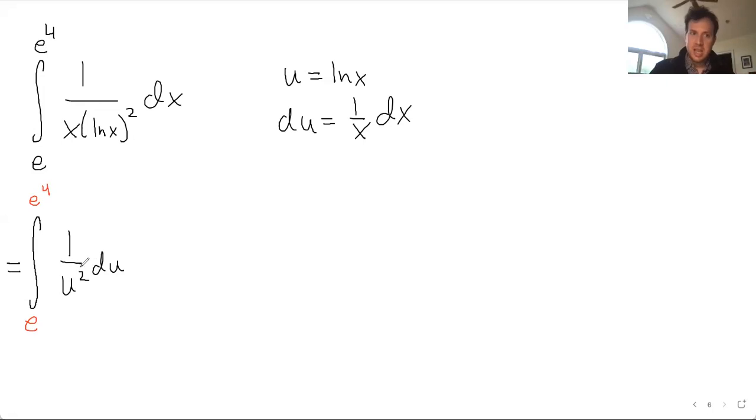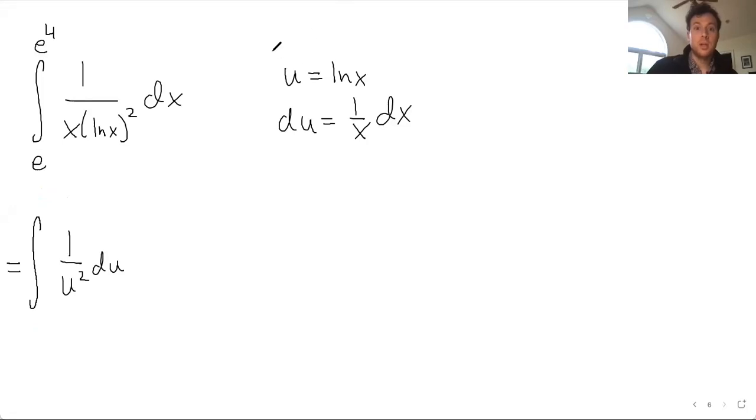So the question is, what bounds do we have to put here so when we integrate this function over that new interval, we get the same area as integrating the old function over the old interval? Which is kind of a weird thing to ask, but there's actually a systematic way of coming up with what those new numbers are.